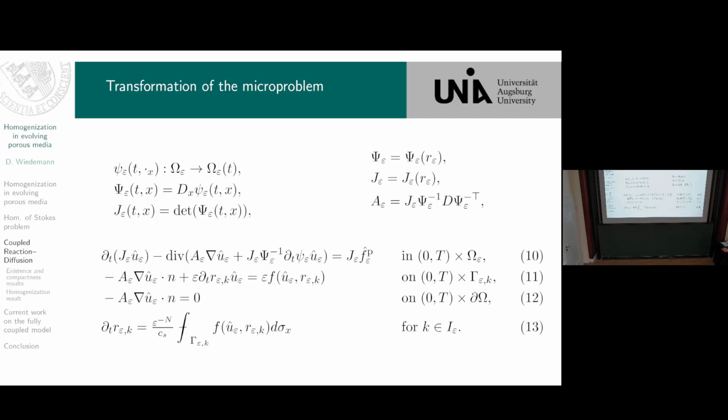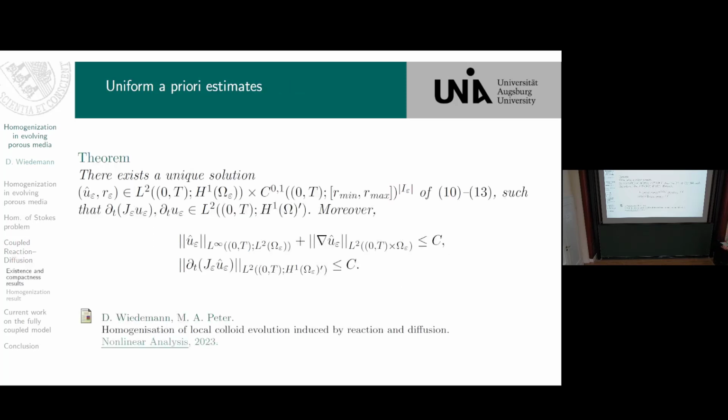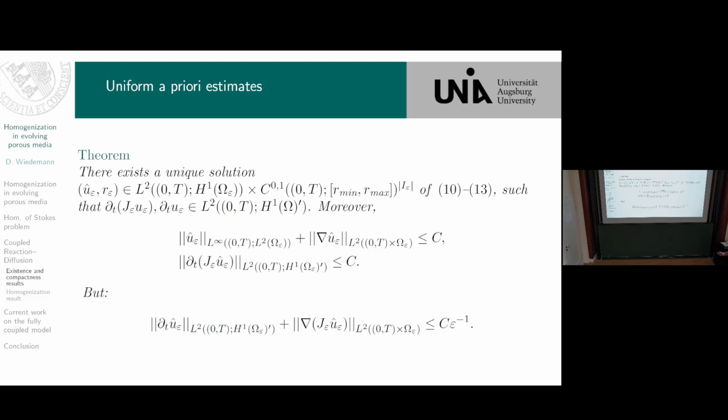However, if we go back to the equation, we see that for the time derivative, the natural formulation is J epsilon u epsilon. So this is the reason why we could only control this time derivative uniformly with respect to epsilon, and not the time derivative of u epsilon. That would be nice, because if we had this, we could apply some classical Lions-Aubin lemma in order to derive some strong compactness results.